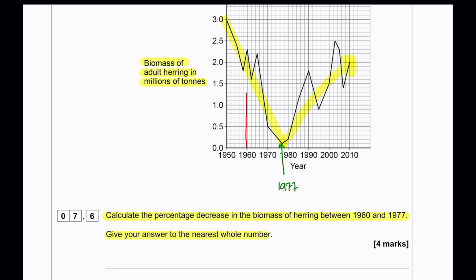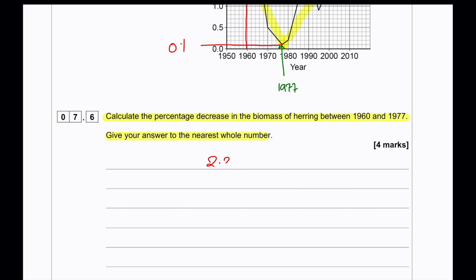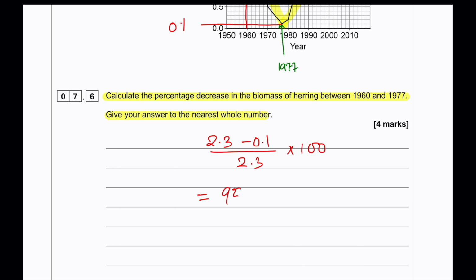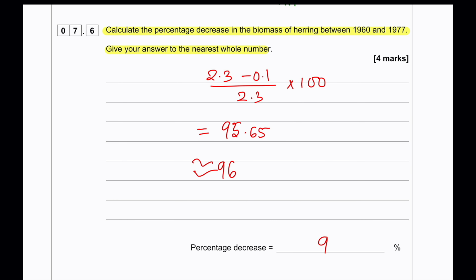So at 1960s, the biomass was 2.3 million tons. And in 1977, the biomass was 0.1 million tons. So 2.3 minus 0.1 divided by 2.3 times 100. This gives us 95.65, which is equivalent to 96.